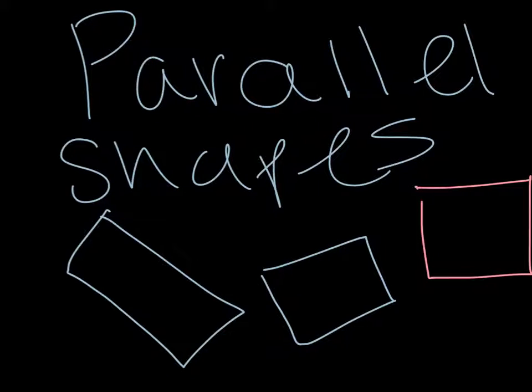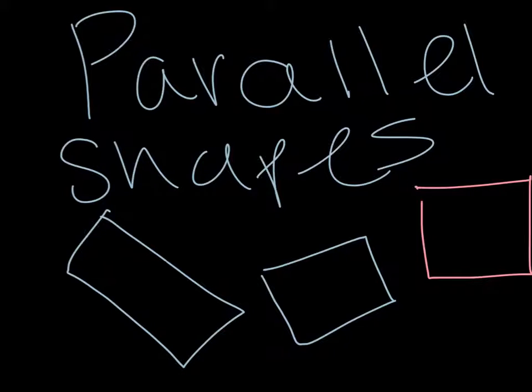The next attribute is parallel lines. Parallel lines means having two lines that are never ending on each side of the shape. For example, the rectangle has two pairs of parallel lines.